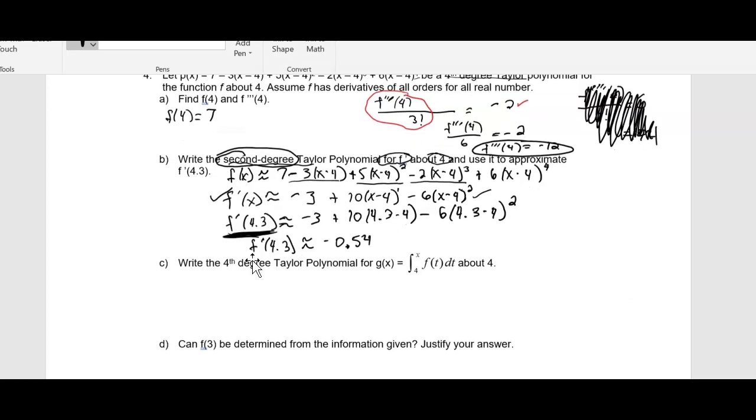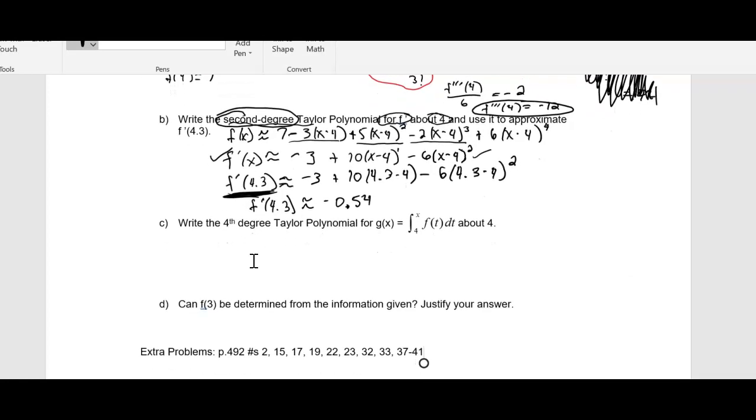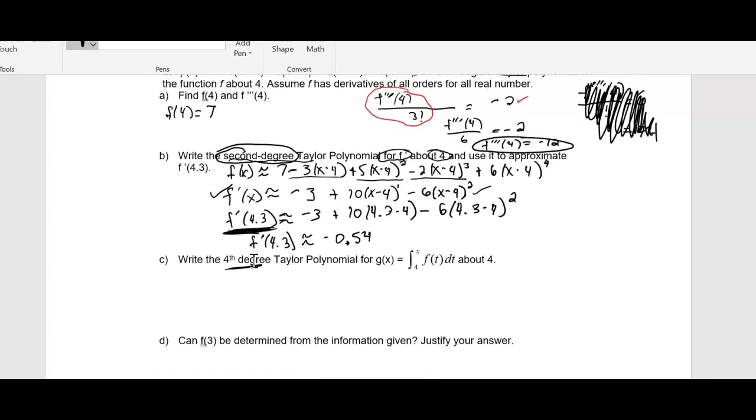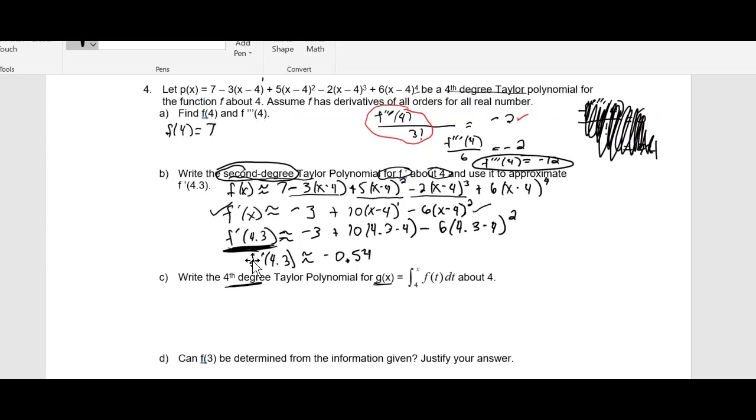That's our derivative. Now, if you look at letter C, they want us to find a fourth degree Taylor polynomial for g of x. So g of x is different than what we're talking about. You were told that p of x is the approximation for the function f. We want to now find g of x.